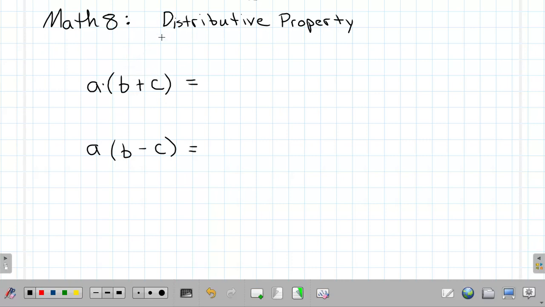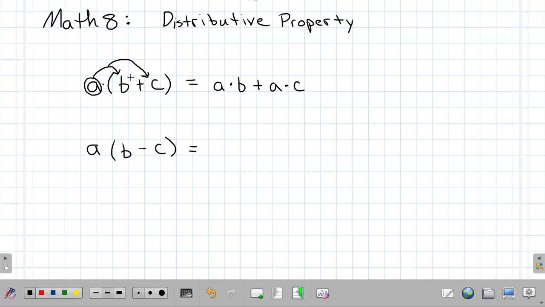Well, not really a shortcut, but what we can do, instead of writing this with the parentheses, we can take the A and we distribute it to both terms on the inside of the parentheses, okay? So what that means is we take A and we multiply it times B. So we take A times B, okay? Well then, since there's plus in the middle here, we're going to add to it A times C.